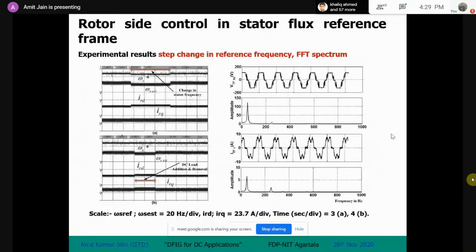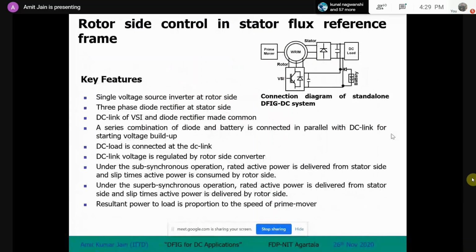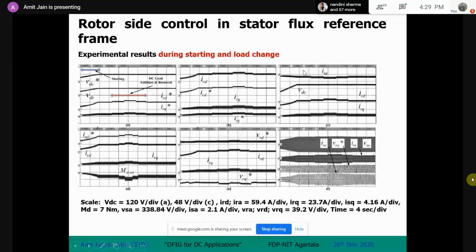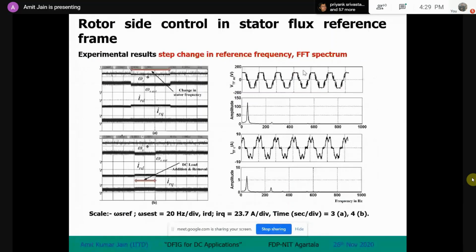But there is some disadvantage, because you are putting a diode rectifier on the stator side, the currents here will not be very good. Because of that, there will be some torque oscillations on the rotor. That's the drawback of the system. Although it is very simple, this drawback is there.